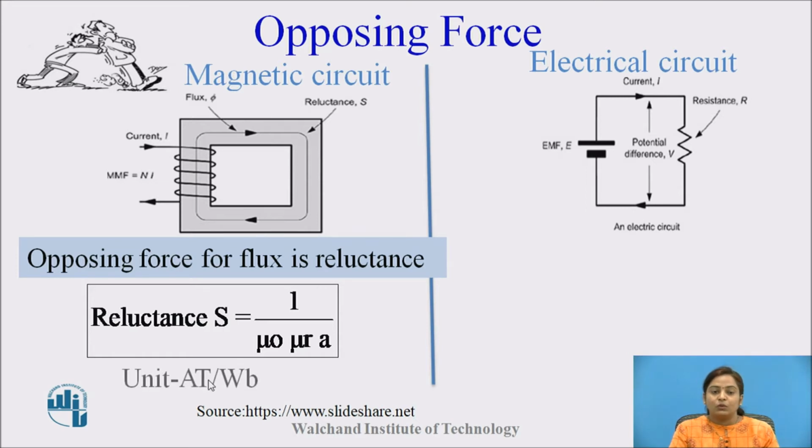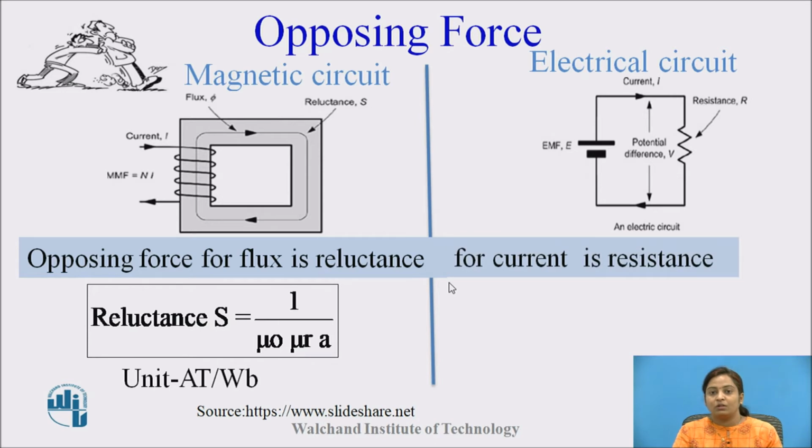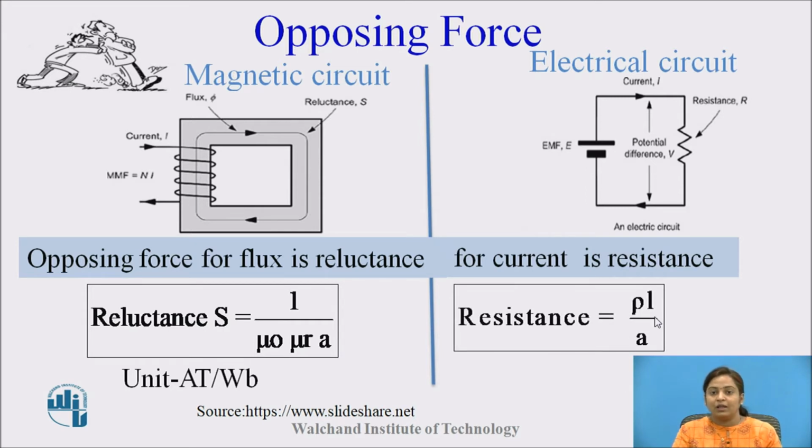The unit of reluctance is ampere turn per Weber. In electric circuit, the opposing force to the current is nothing but resistance, and it is defined as rho L by A, where rho is the resistivity, L is length, and A is the cross sectional area of that conductor. Its unit is ohm.